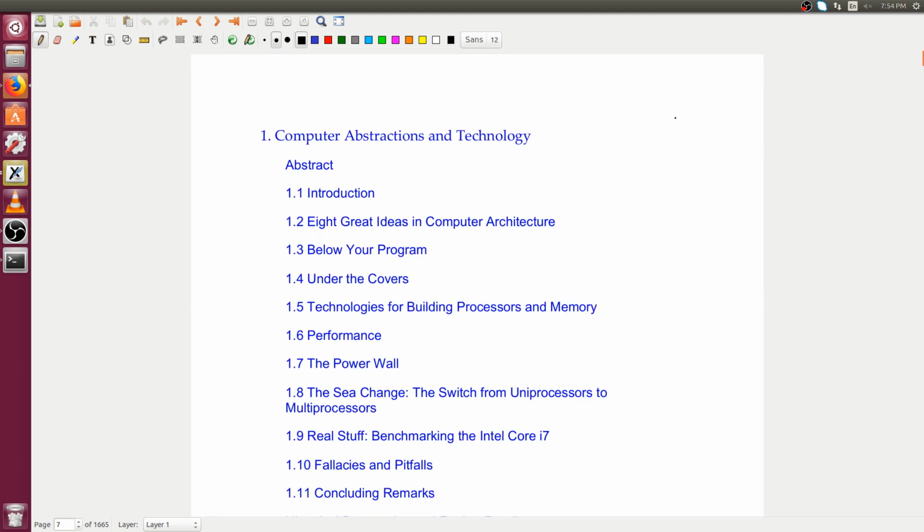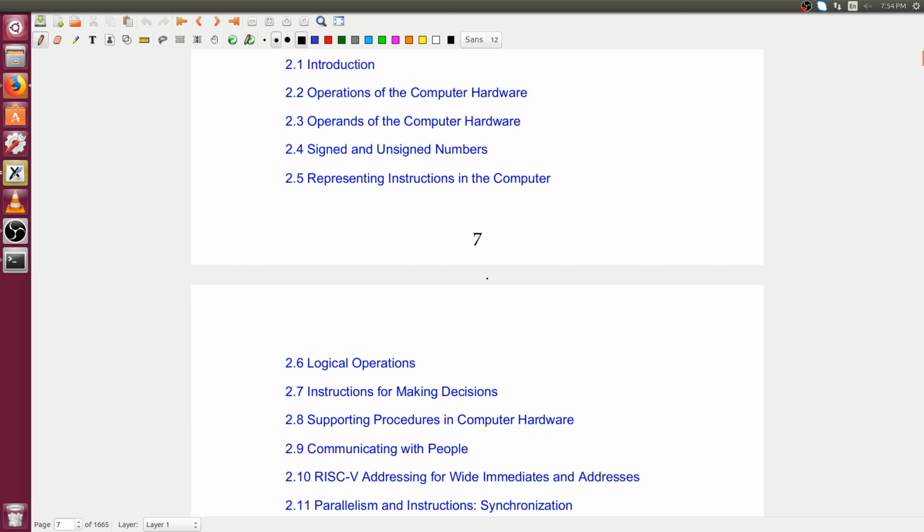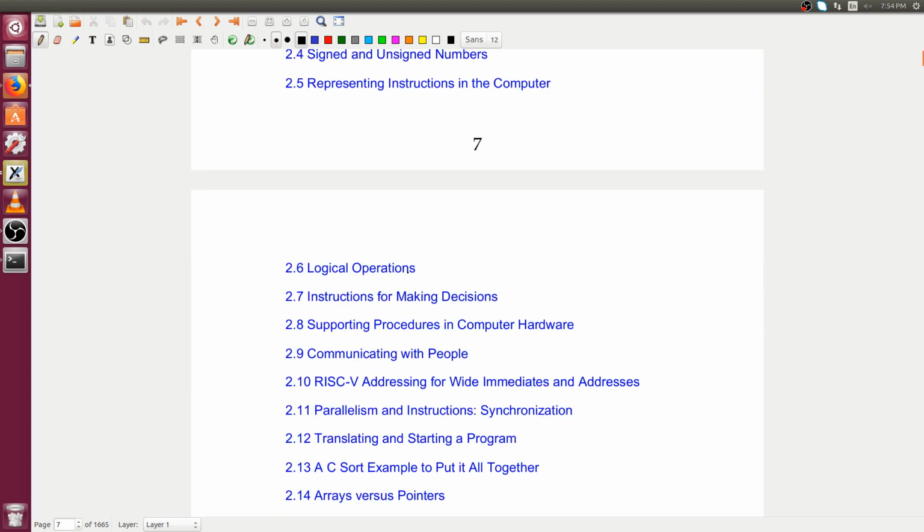We're going to go over computer abstractions, a good fundamental thing. Instructions, the language of the computer, that's important. If you ever wanted to know what happens when you compile something, or rather, this isn't really a compiler thing, but what's actually executed by the processor, that's what we'll learn here.